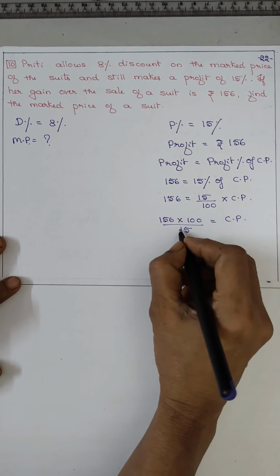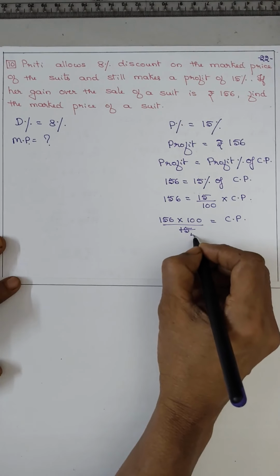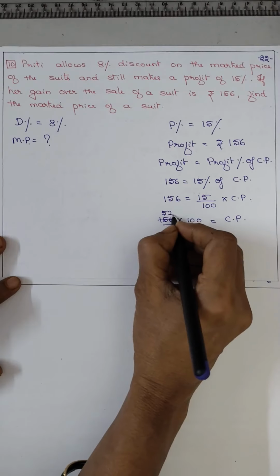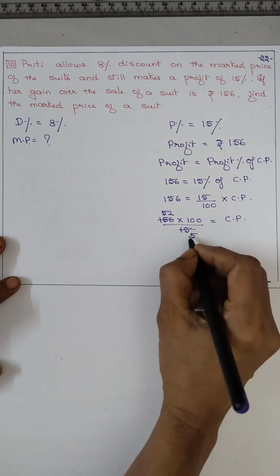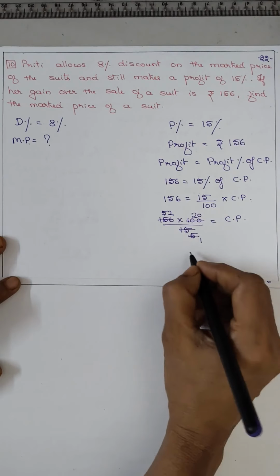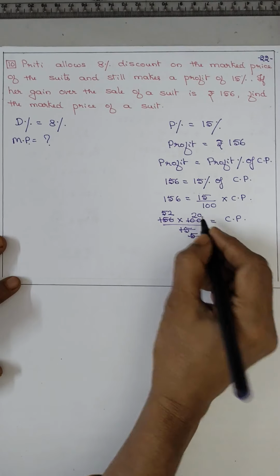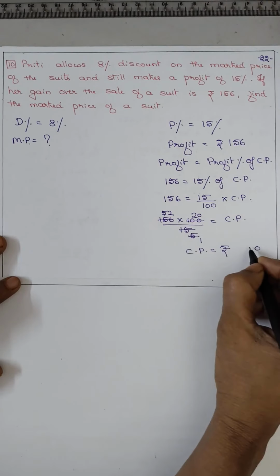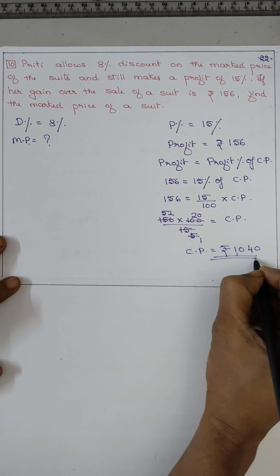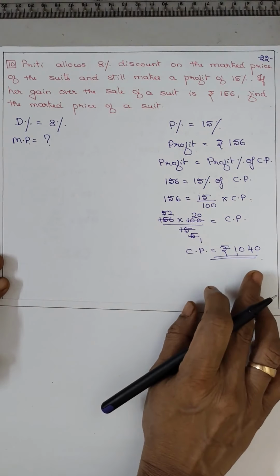Now 3 5s are 15, 3 2s are 6, 5 1s are 5, 5 20s are 100. That means CP is equal to rupees 1040. Now you got CP as 1040.